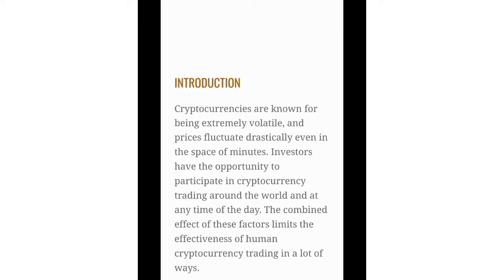When you say volatile, volatile means what? The rate at which a coin can actually move. For instance, a coin can move from, let's say, $10 to $60 within an hour, and if you are not there to catch up with it, that means you've definitely missed out on that trade.